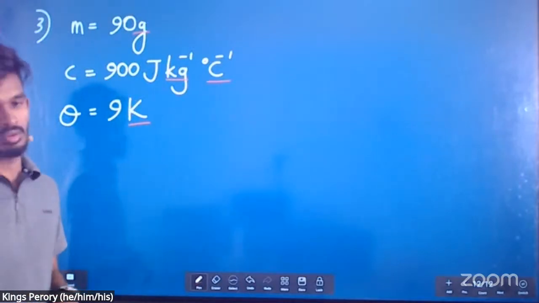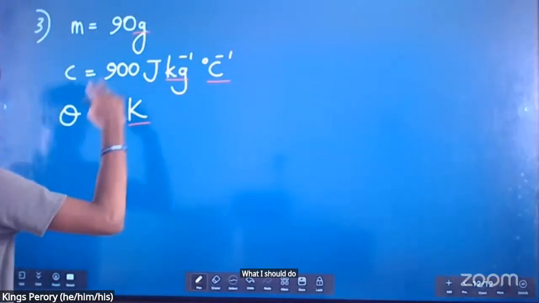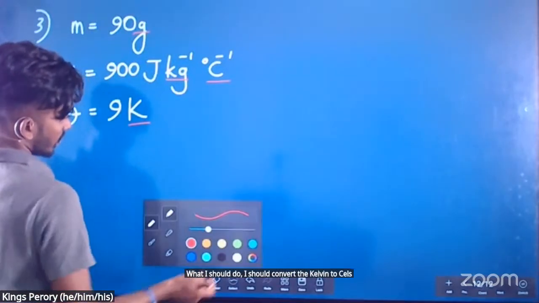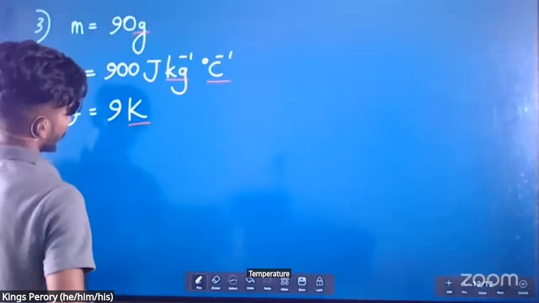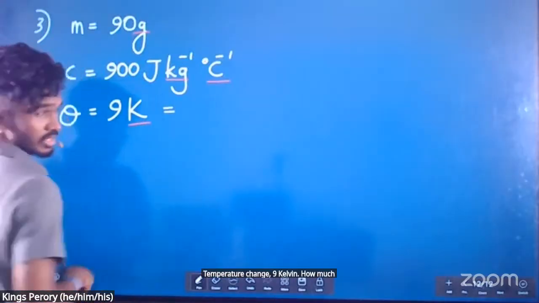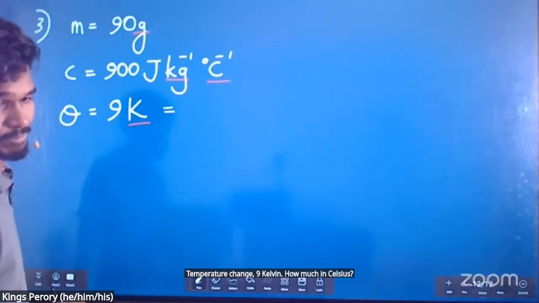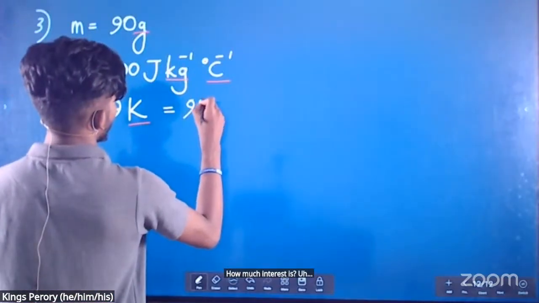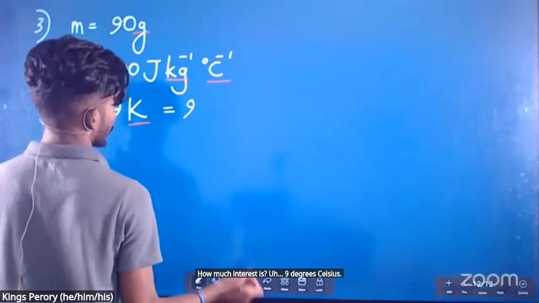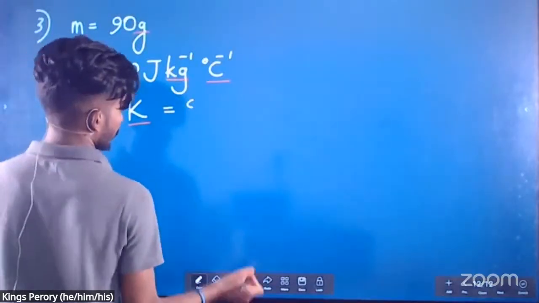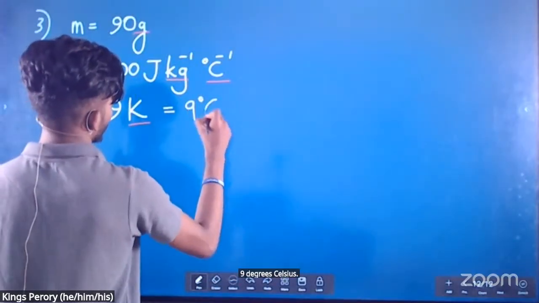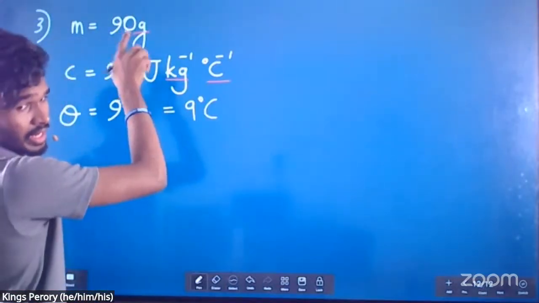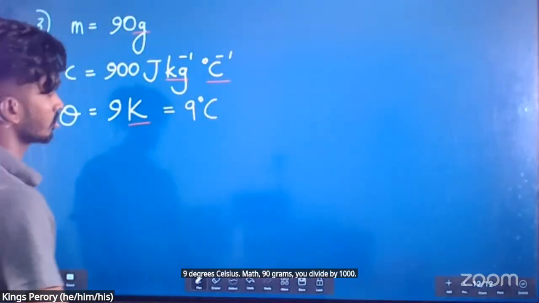No. What should I do? I should convert the Kelvin to Celsius. Temperature change 9 Kelvin, how much in Celsius? 9 degrees Celsius. Mass 90 grams, you divide by 1000. Start doing now.